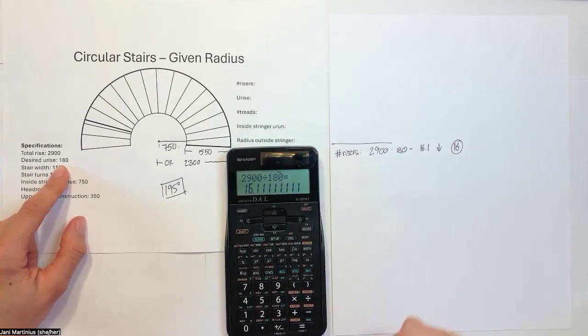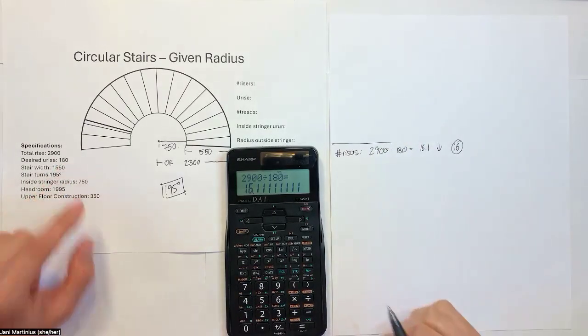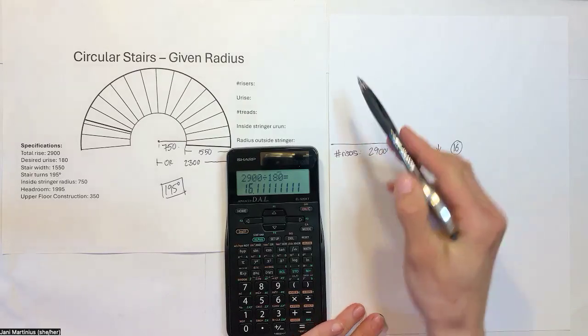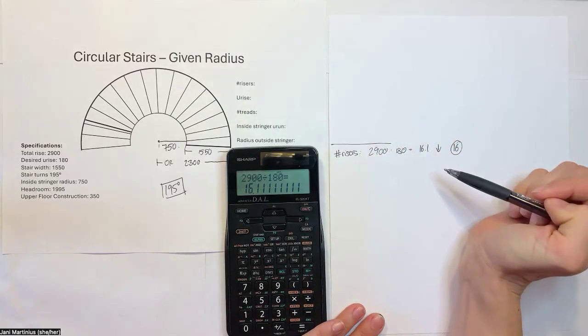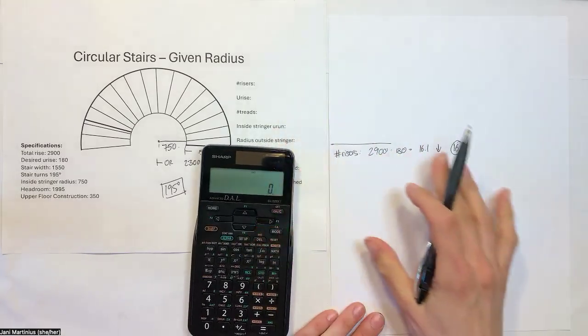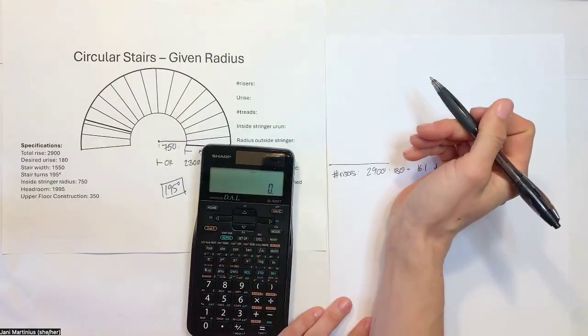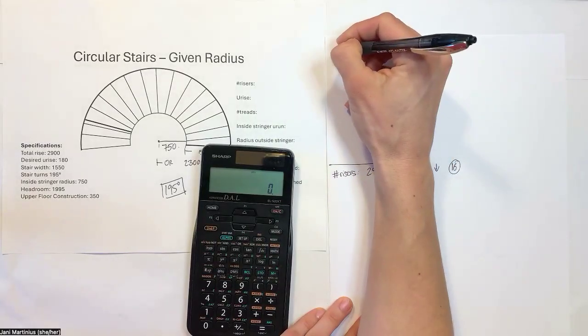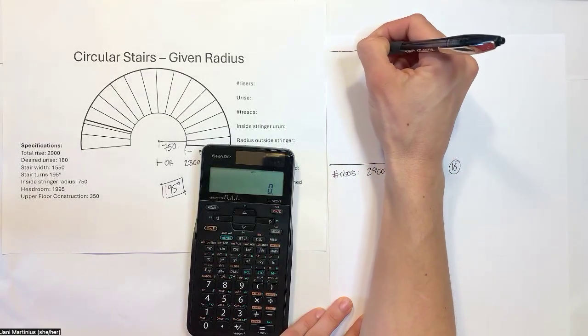So that means we're going to have 16 risers. Great. So at this point, I can now make my drawing because I like to make it with my actual steps, like the actual number of them, not just a random number. Because if you ever have to count out what you did or what you're trying to figure out, it's nice to have the real numbers here.